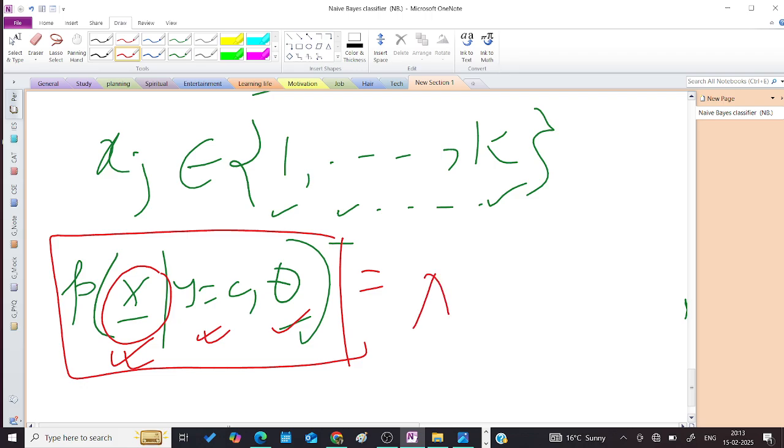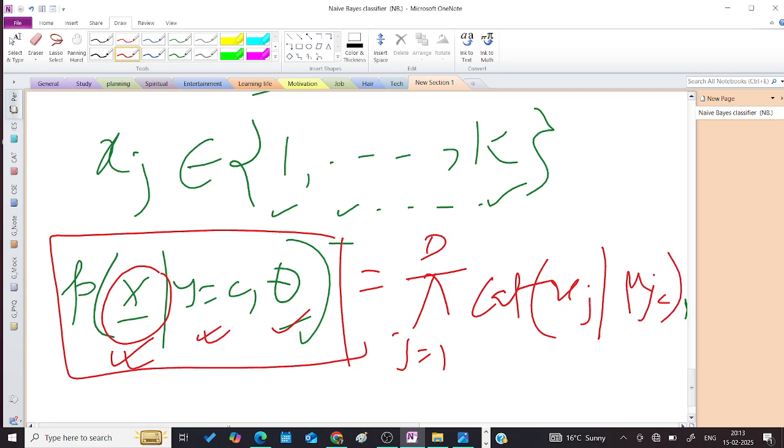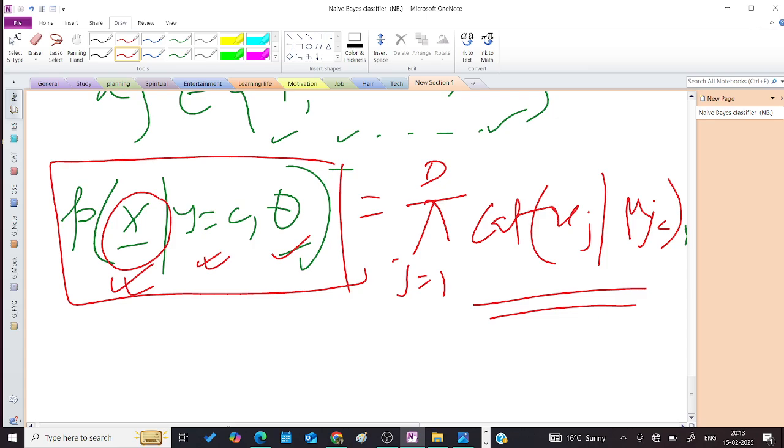So this will be the product over j equals 1 to D of categorical of xj given mu jc. Okay, where mu jc is the histogram over the K possible values for xj in class c.